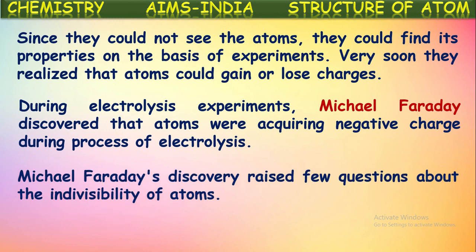Michael Faraday's discovery raised a few questions about the indivisibility of atoms, as he observed atoms acquiring certain charges. Then certain doubts arose. How can atoms be indivisible when they are getting certain charges?